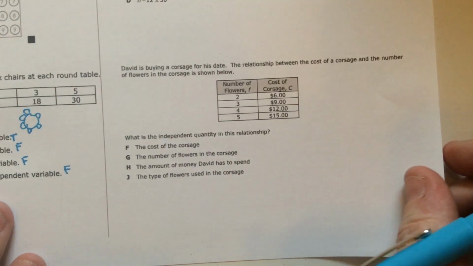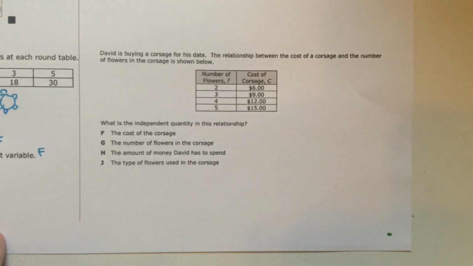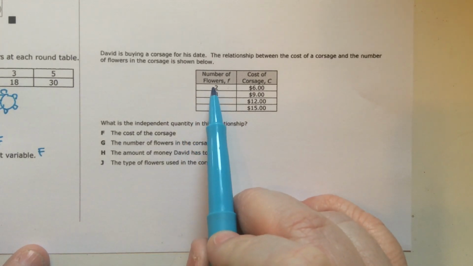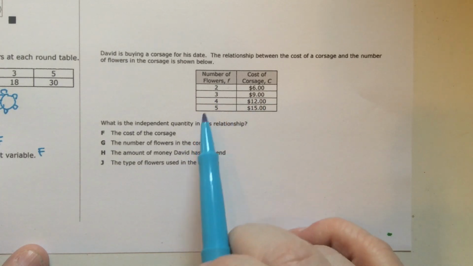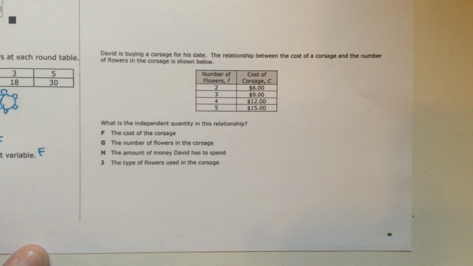Okay, next. David is buying a corsage for his date. The relationship between the cost of a corsage and the number of flowers is shown below. So 2 flowers cost $6, 3 flowers cost $9, 4 flowers cost $12, and so on. Which one is dependent?